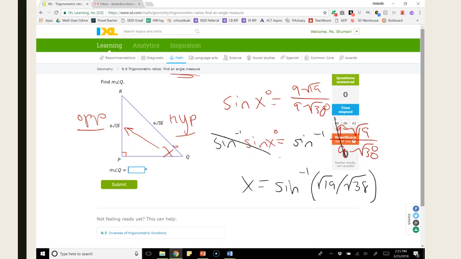So sine inverse of square root of 19 divided by square root of 38. Oops, 38. Let me fix that. And that should give us 45 degrees. So measure of angle Q is 45 degrees.